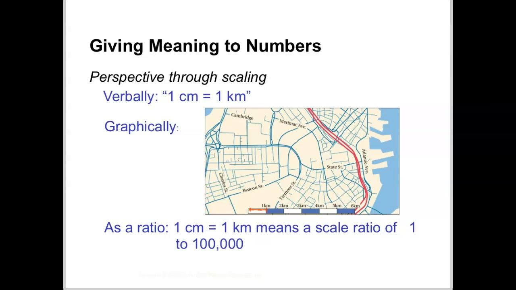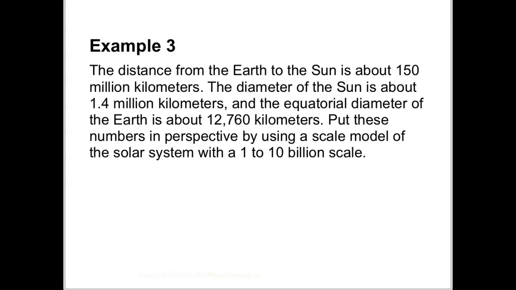All right. So we're going to use that to give some perspective. This is much better when we're in the classroom, because I could kind of use my room to give you perspective, but we're going to have to use our imaginations, and hopefully you have some sense of distance in meters. So the distance from the Earth to the Sun is about 150 million kilometers.